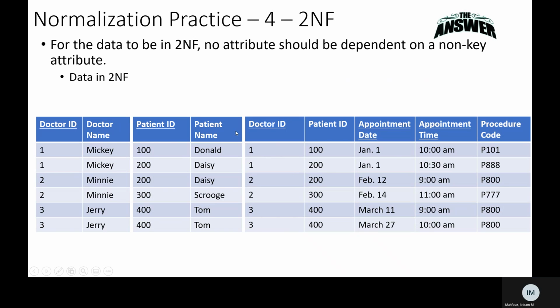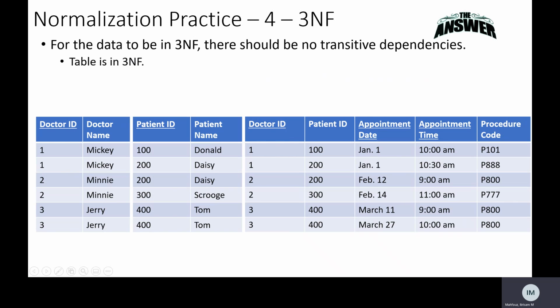Now, it does depend on the patient, but we're talking about second normal form now. In second normal form, do I have a partial dependency on part of the primary key? So the patient ID doesn't depend on anything. The procedure code depends on patient ID. It's not dependent on the appointment time, the date, or the doctor ID only. So we are fine with second normal form.